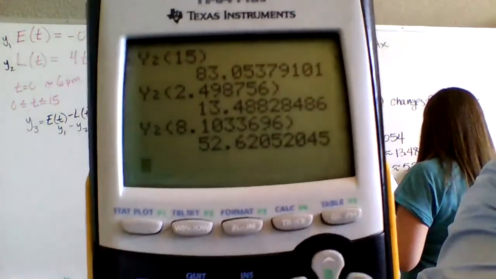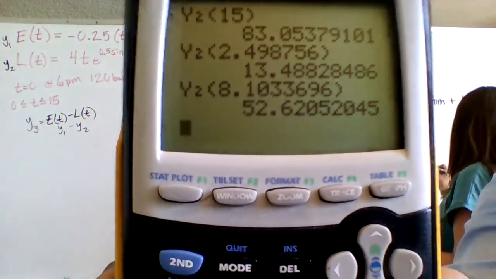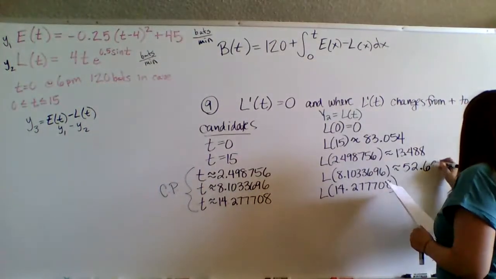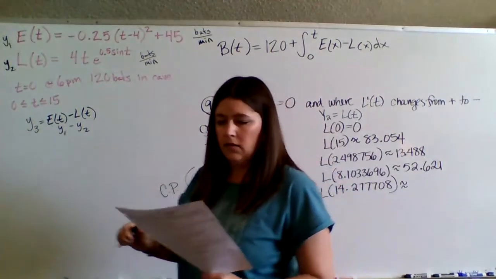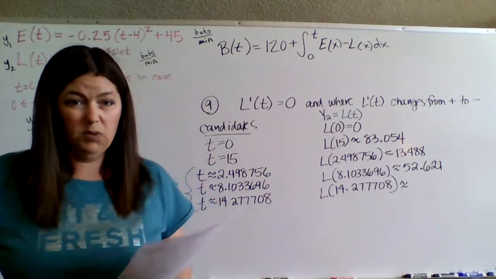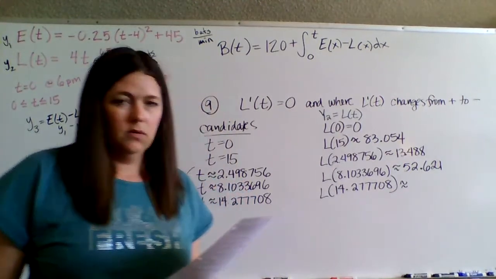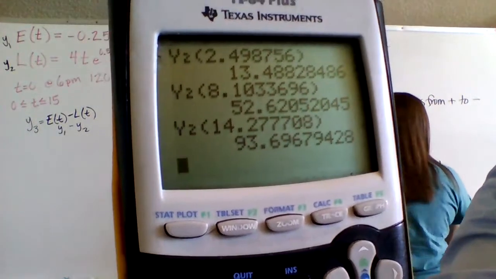So y2 of 8.1033 is going to give us 0.621. Okay, and then the very last one at 14 minutes, almost to our other endpoint of 6:15 p.m., gives us 93.697.